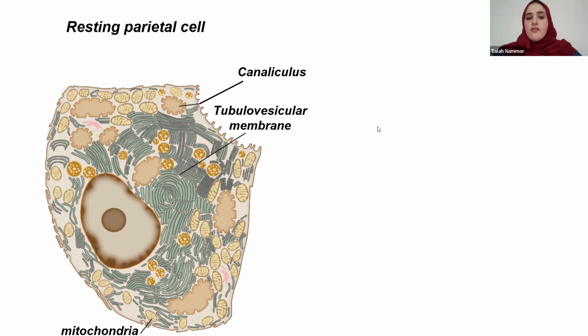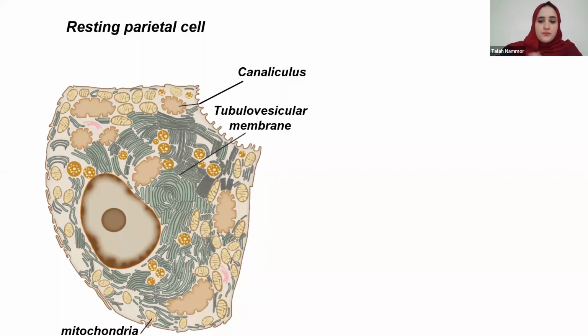So we have a lot of structures that make up the parietal cell, but as you can see here, we have a lot of mitochondria. And what does mitochondria produce? Exactly, ATP. ATP is the energy of the cell. So since we have a lot of mitochondria, it's common sense to know that the action of releasing gastric acid requires a lot of energy.